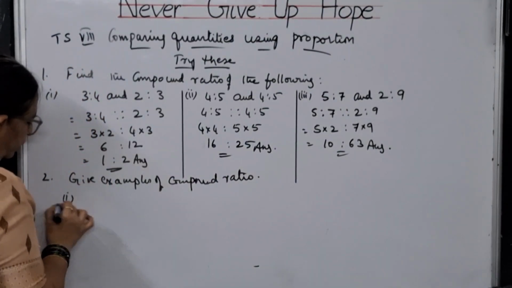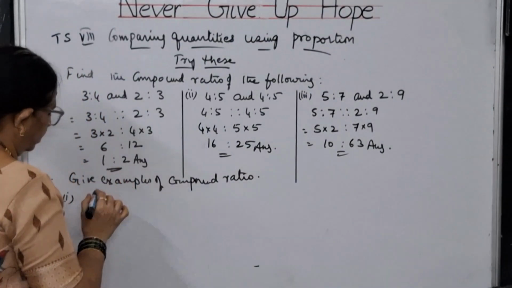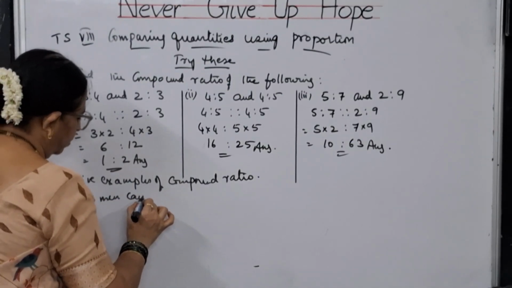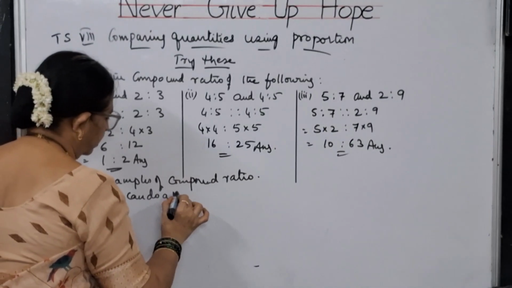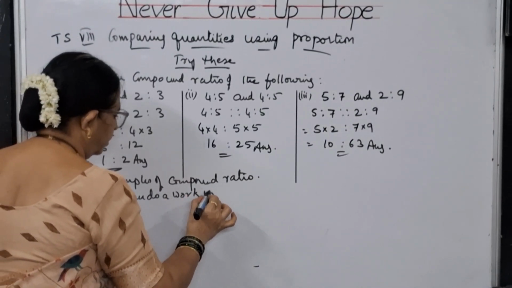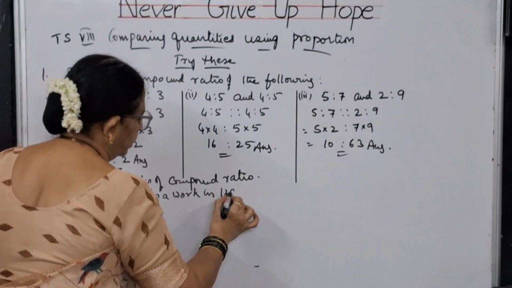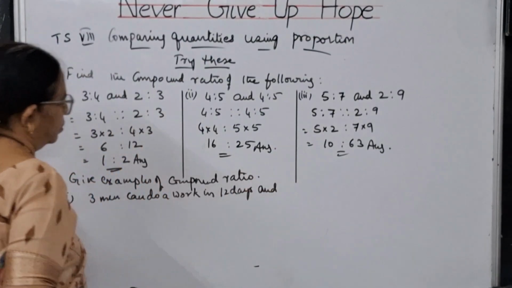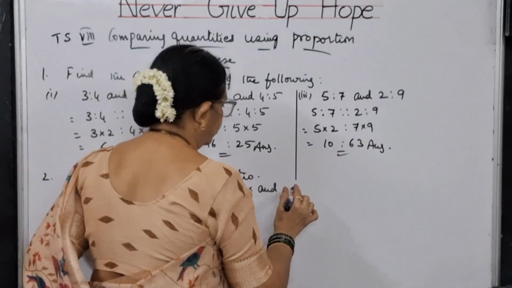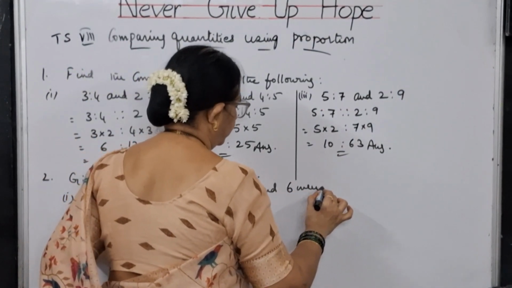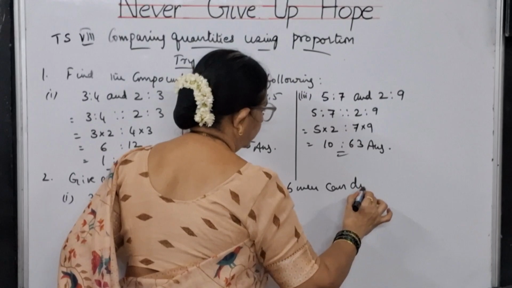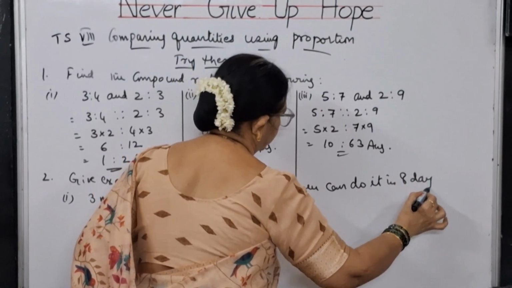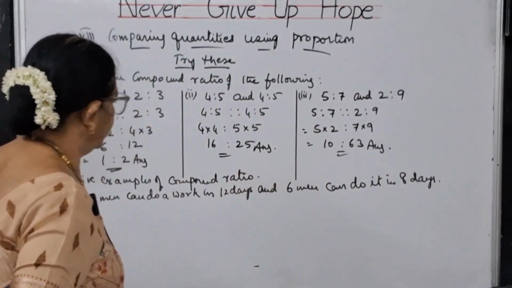First one you can write that 3 men can do a work in 12 days and 6 men can do it in 8 days. So you can compare it.